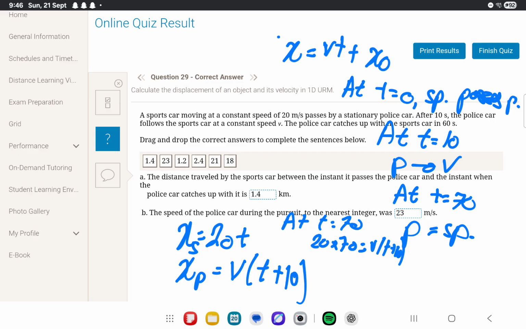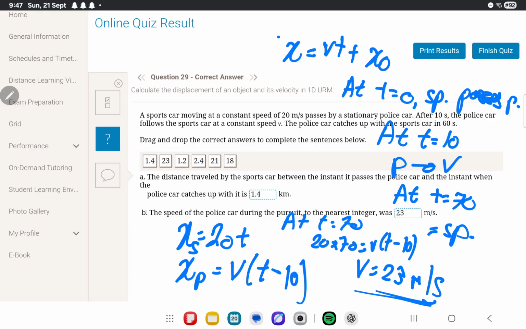Sorry, not t plus 10. It's t minus 10, because it can't be t plus 10. So this is going to be v of t minus 10. Okay, so this is actually going to be 70 minus 10, which is 60. v is going to give you 23 meters per second. That's your final answer for part B.